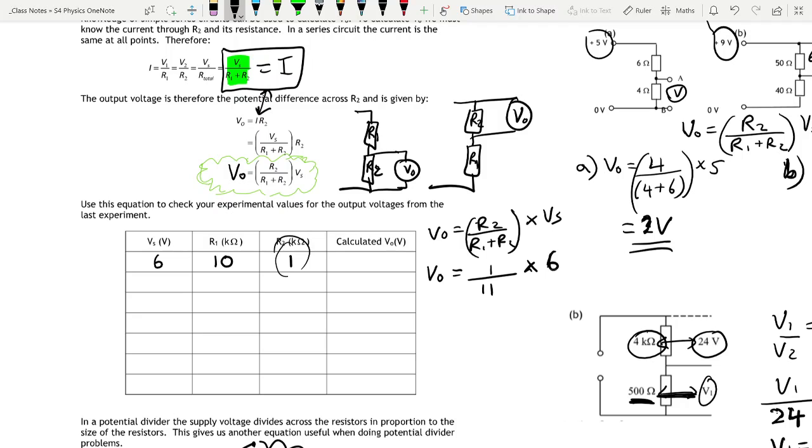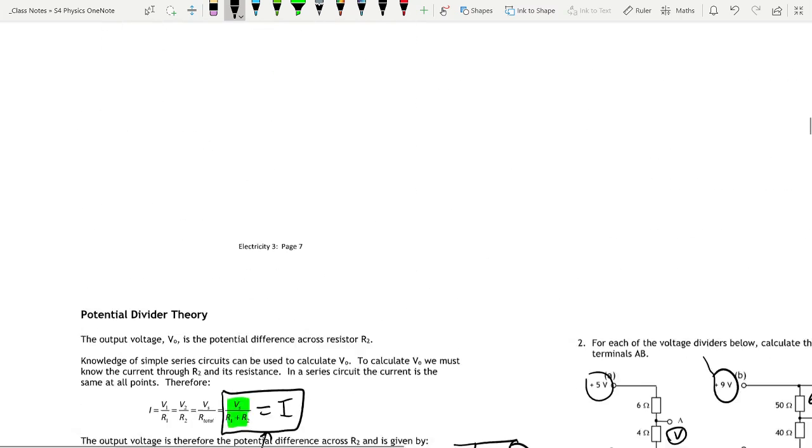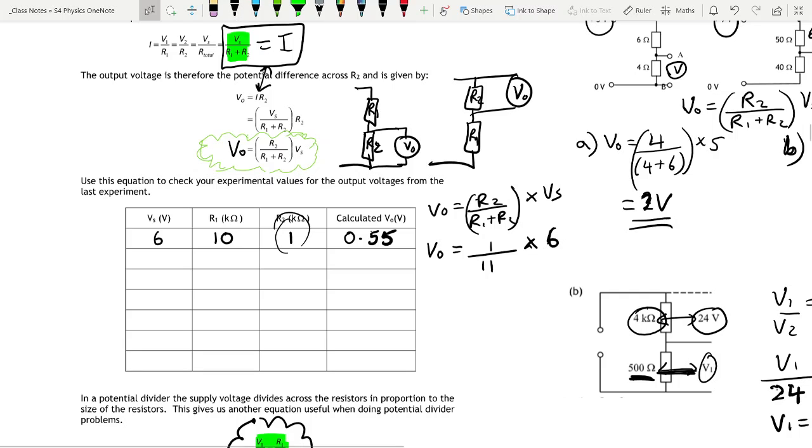So R1, 1 divided by 11 times by 6 equals 0.55, which is not too bad at all. Okay, so have a go for the rest of the results that you got there, and then I'll post the answers up later.